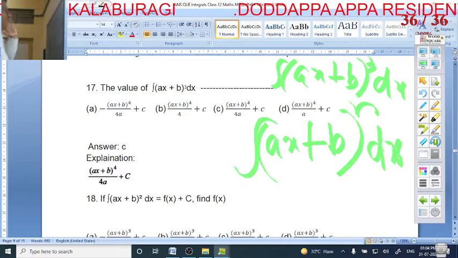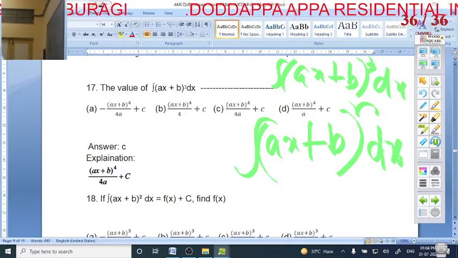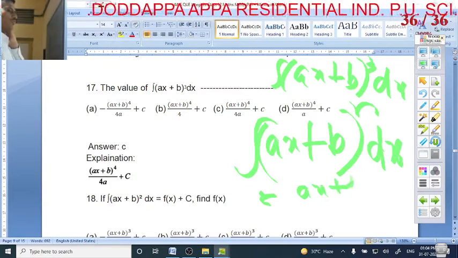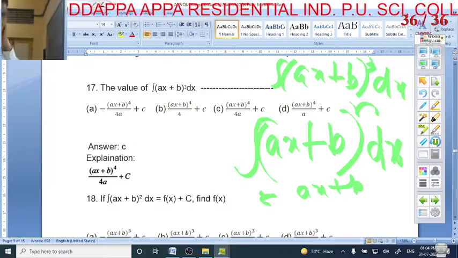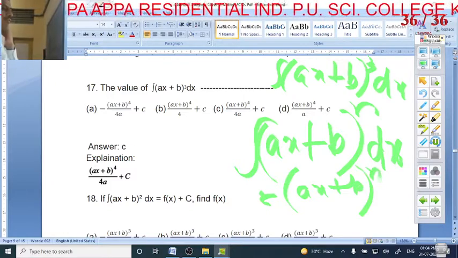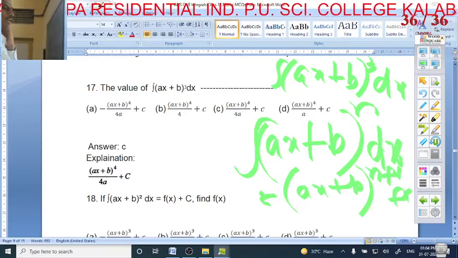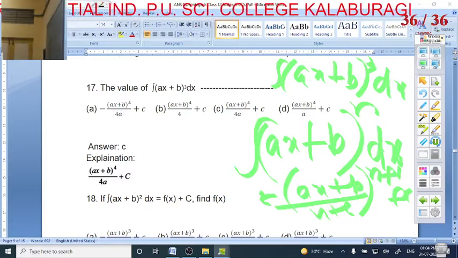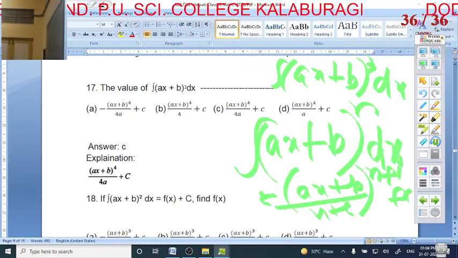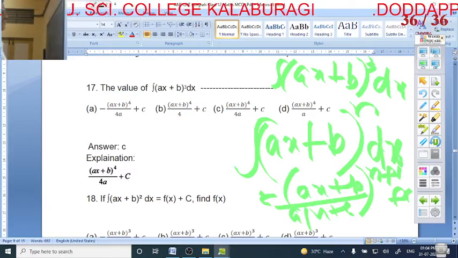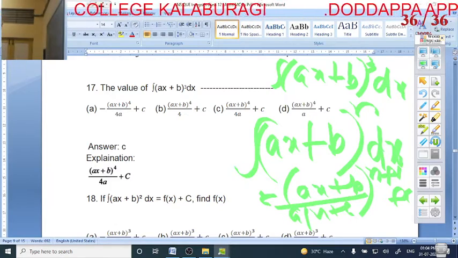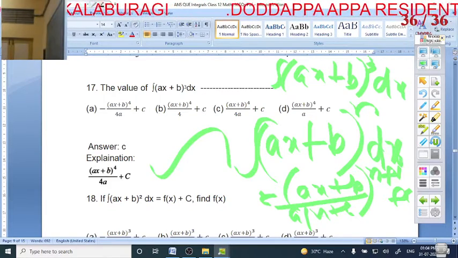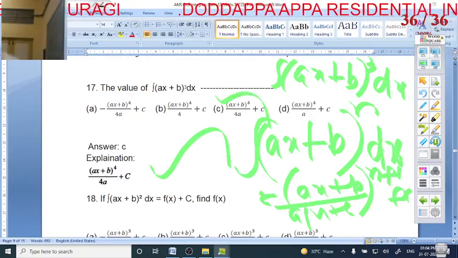It is equal to ax plus b whole to the power n plus 1 plus c, divided by n plus 1. Here n is equal to 3, and one more important thing, the coefficient of x must also be divided. So ax plus b whole to the power 3 plus 1 is 4, divided by 4a plus c. Hence option C is correct.